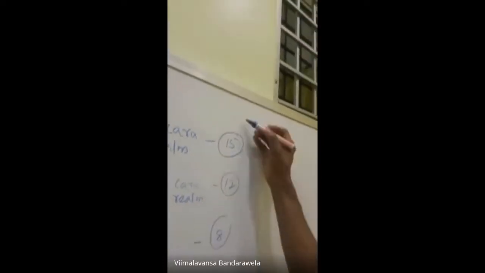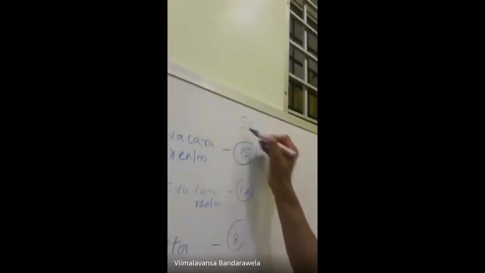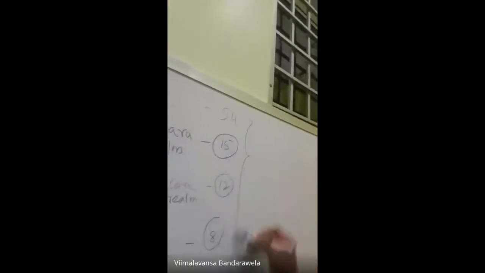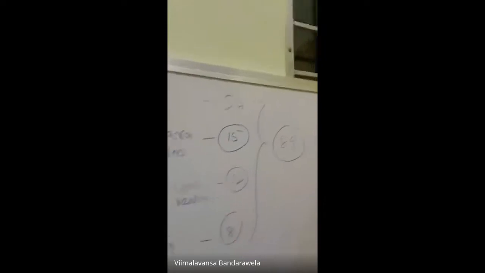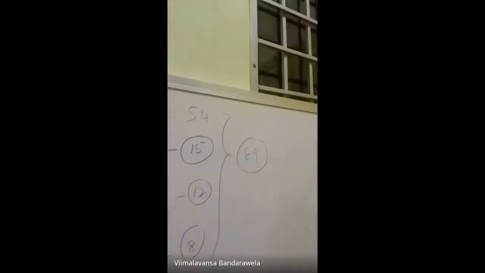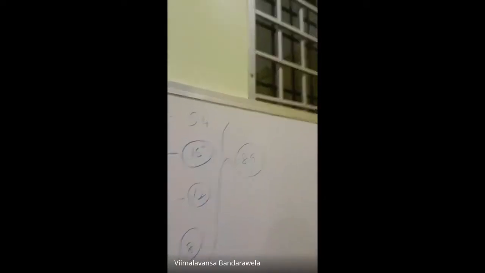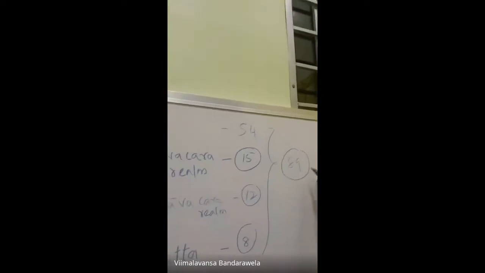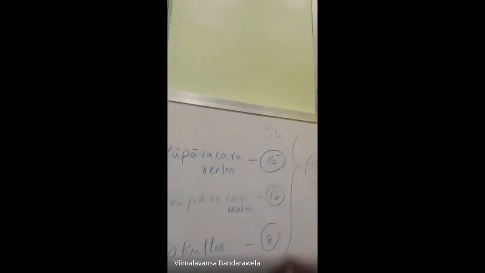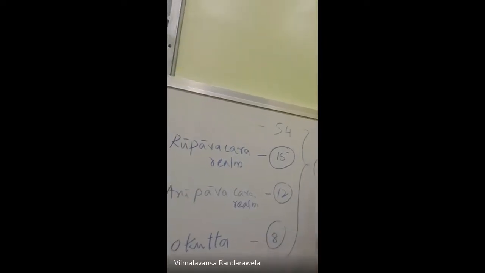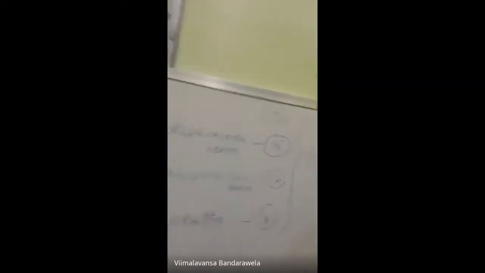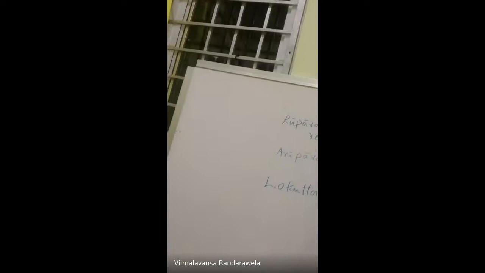So altogether, with the 54 kamavachara, you have 89 consciousness. Can you see? Okay. Everything you want to write down here. Then we will go to akusala consciousness.